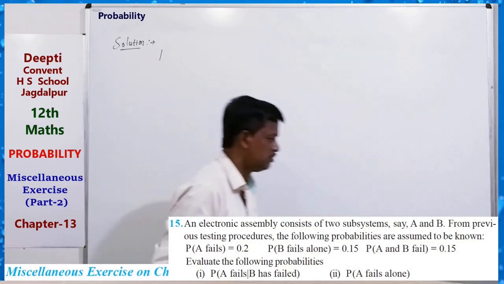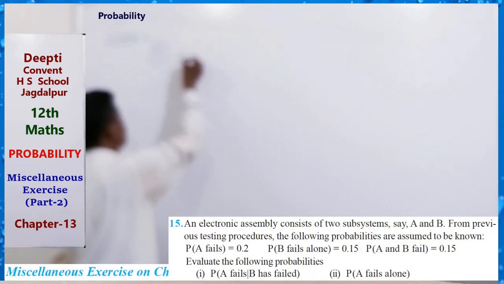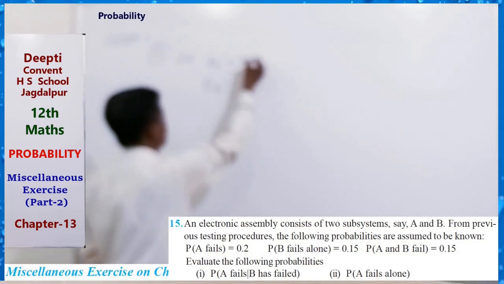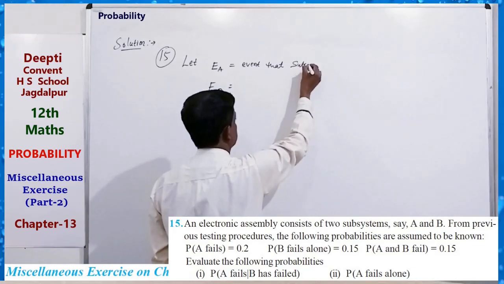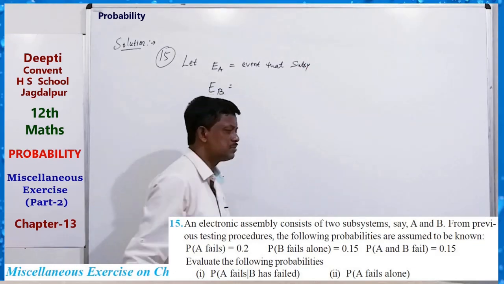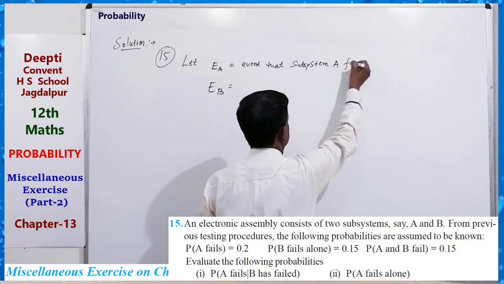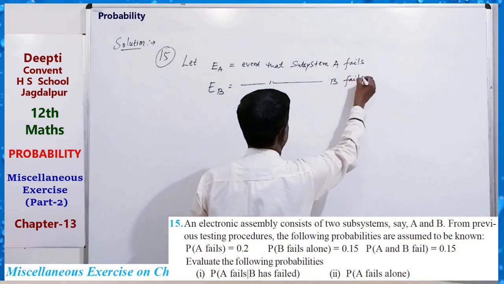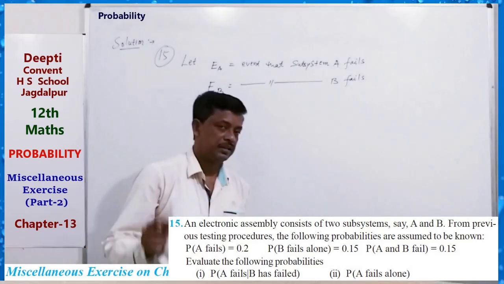So here, let EA and EB be the event that subsystem A fails and the event that subsystem B fails.